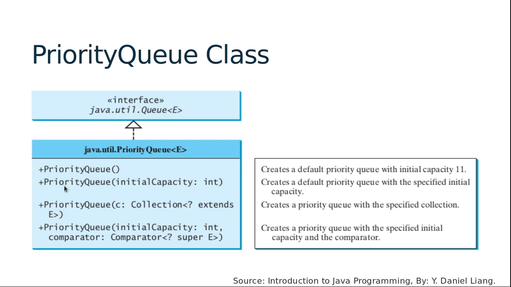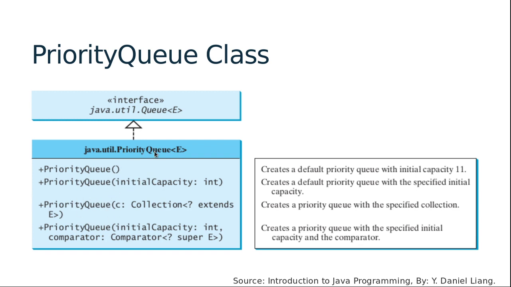It has a constructor with one parameter, initial capacity. It has a constructor with one parameter having an entire collection, so all these elements will be part of the priority queue. It has a constructor with initial capacity and the comparator object, so you can give your user defined comparator object here. So these are the priority queue constructors.